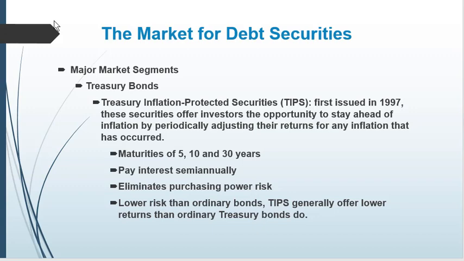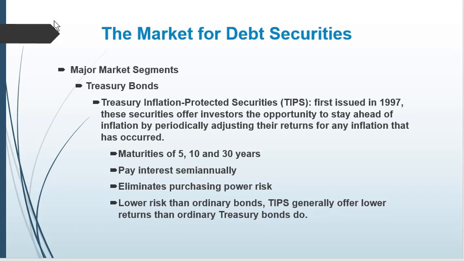Essentially what this does is that the coupon is attached to principal, and principal is attached to inflation. So as inflation changes, the principal changes. And when the principal is changing, that has an impact on the coupon because the coupon is a percentage of par. And again, these are typically 5, 10, 30 years.